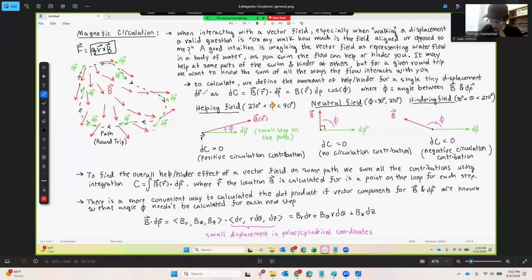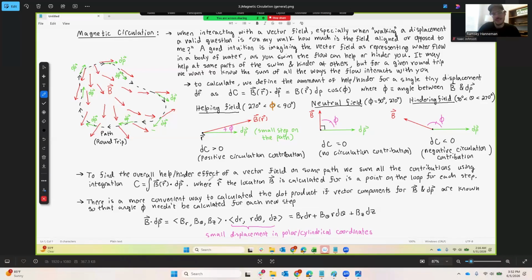It's just telling you how much the B field is aligned with you on your journey. But the B field being aligned with you doesn't mean that the magnetic force is aligned with you. So even though I'm using that analogy of water flow, really Ampere's law is tracking this seemingly worthless quantity called magnetic circulation. I don't know why we want to know this, but maybe it'll help later.